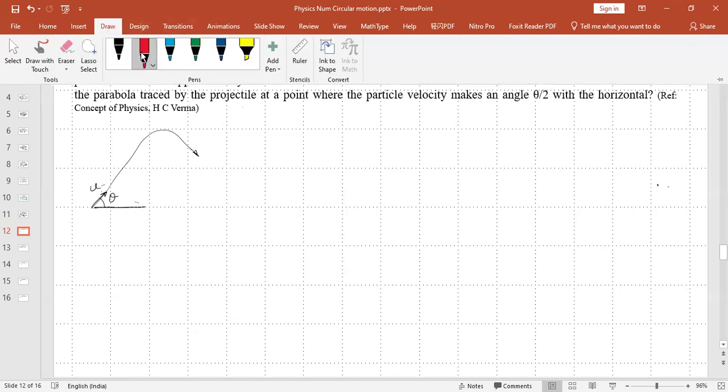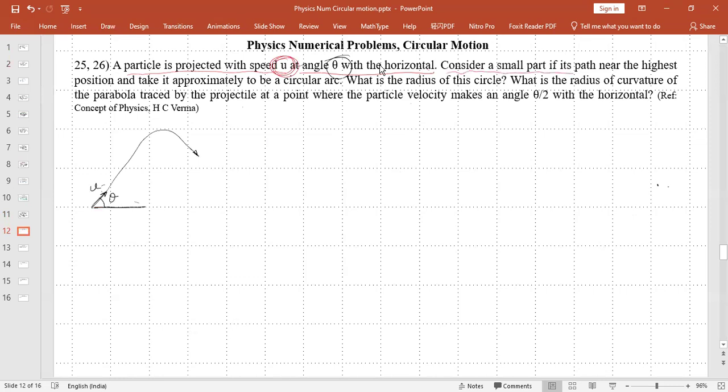Then it says, consider a small part of its path near the highest position and take it approximately to be a circular arc. What is the radius of this circle?